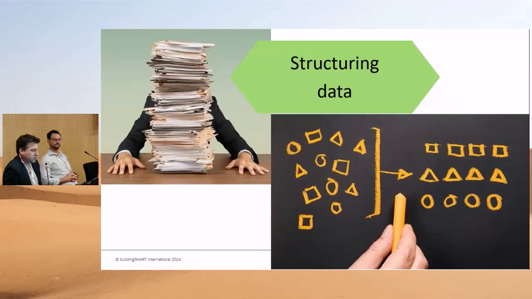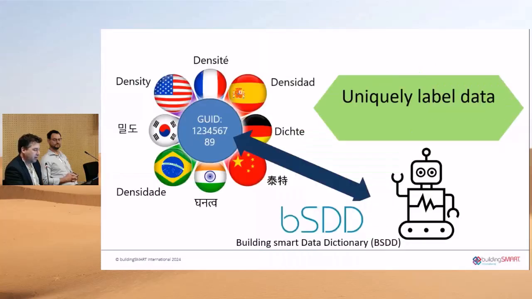structure your data first, and then maybe connect your information with common dictionaries, for example, the BSDD, but I guess the world will not be one data dictionary. It will be maybe more ontology, meaning connected dictionaries together, which is then defining those different languages with one machine-readable code.